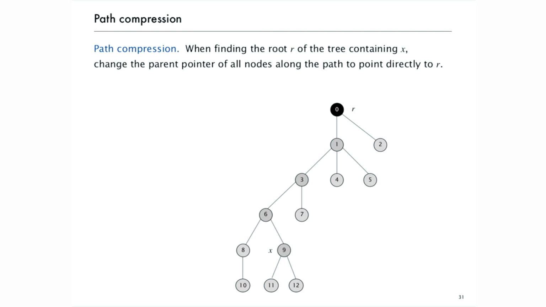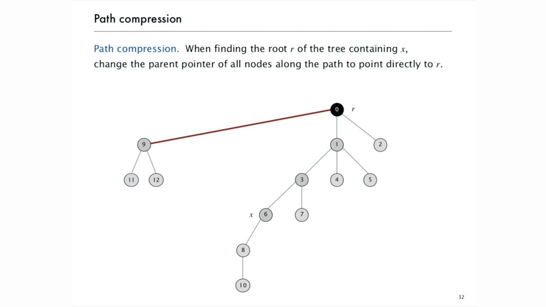So for example, I have X. So 9, 6, 3, 1, and this is R. What will I do? I will make all of them point directly to R. So how do I do 9? I have to make him point directly to this. So this is what I said, that I can just go once. I have kept one pointer, and this is my root.